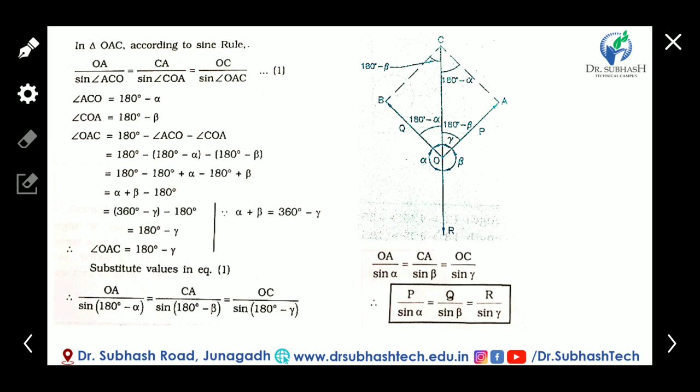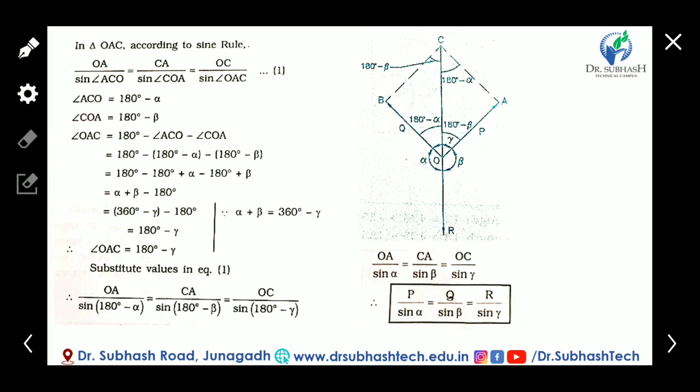Now the side OC has opposite angle OAC or CAO. This ratio is also constant according to the sine rule.